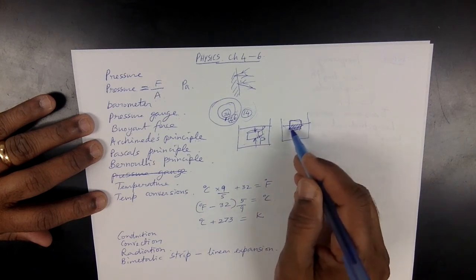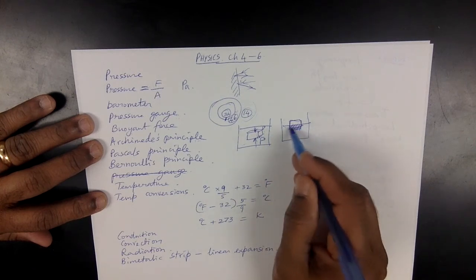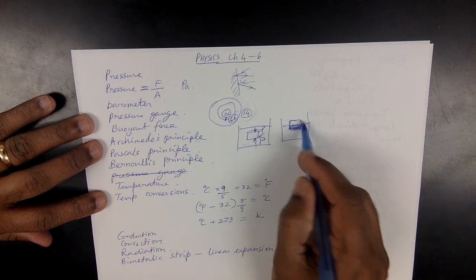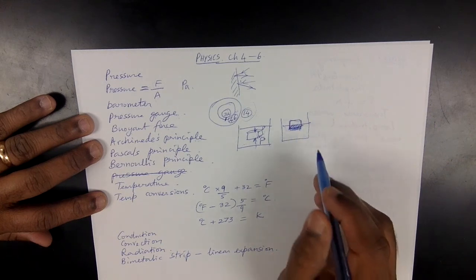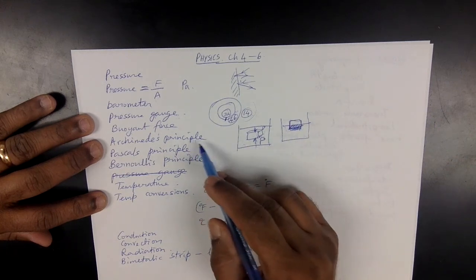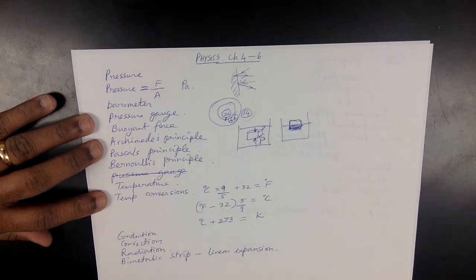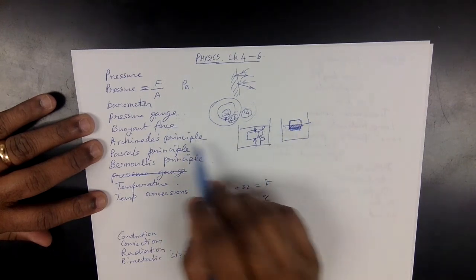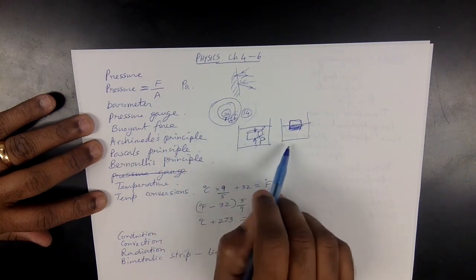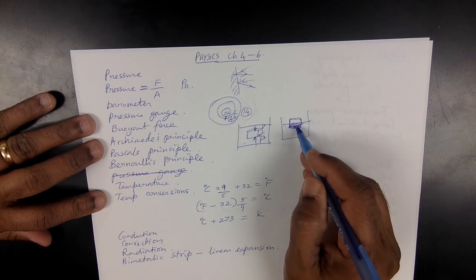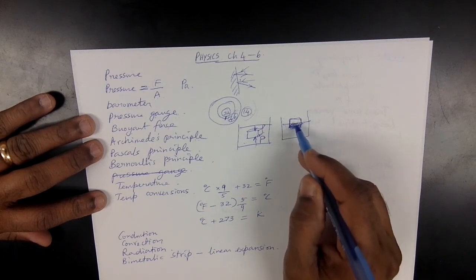When something is floating, the buoyant force offered by the displaced fluid supports the entire weight of the object. Archimedes' principle tells you that the buoyant force is equal to the weight of the fluid displaced. And for a floating object, the weight of the fluid displaced, which is the buoyant force, is exactly the same as the weight of the object that is floating, like a ship.